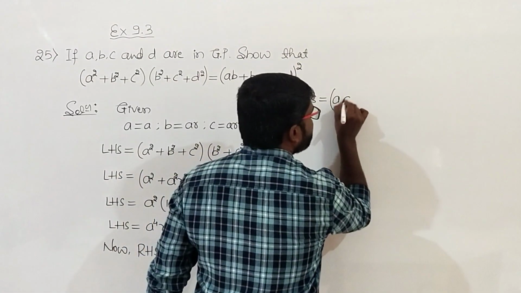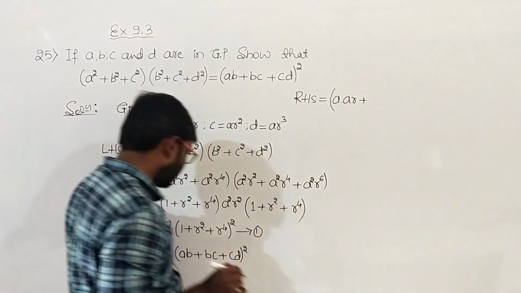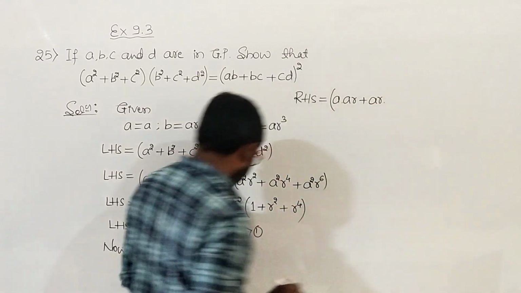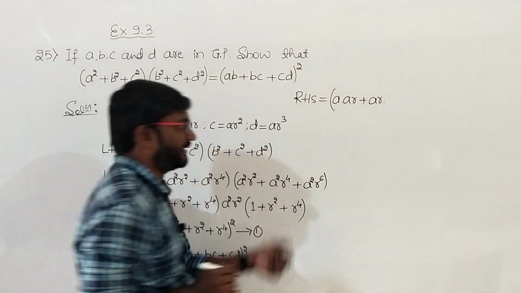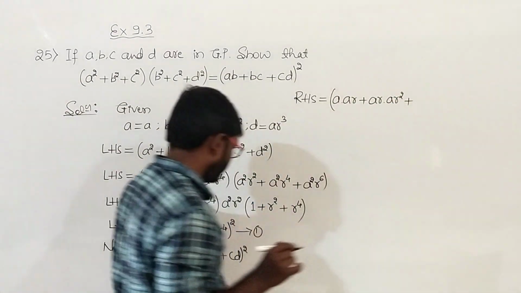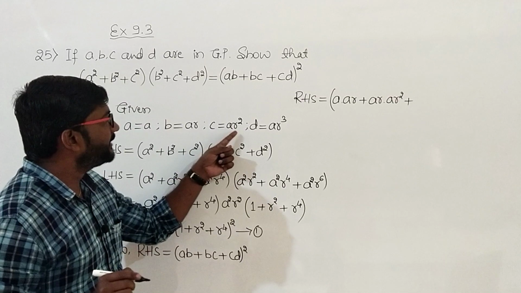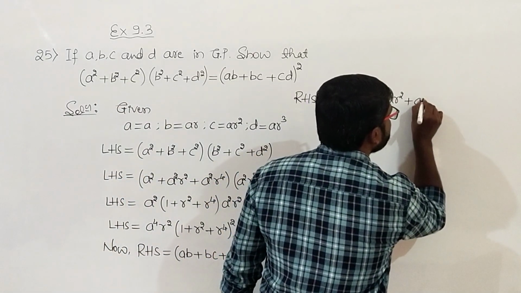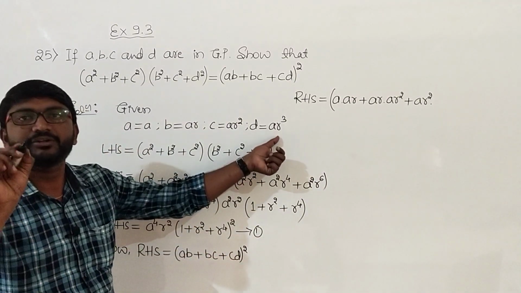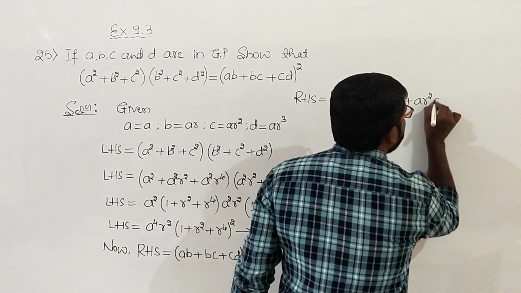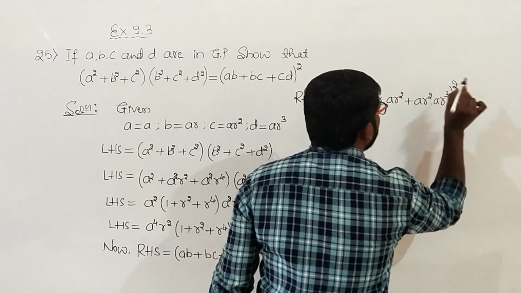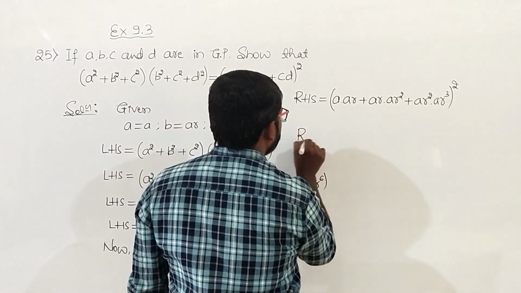It is AR, plus BC. B is AR into C. What is C? It is A into R square, plus CD. A into R square, and then D. D is A into R raised to 3, and then we have the whole square.